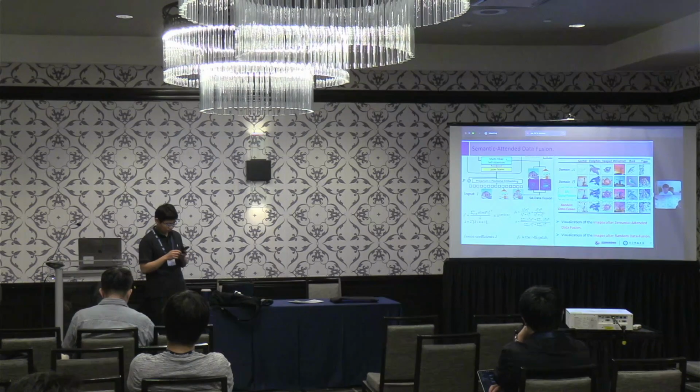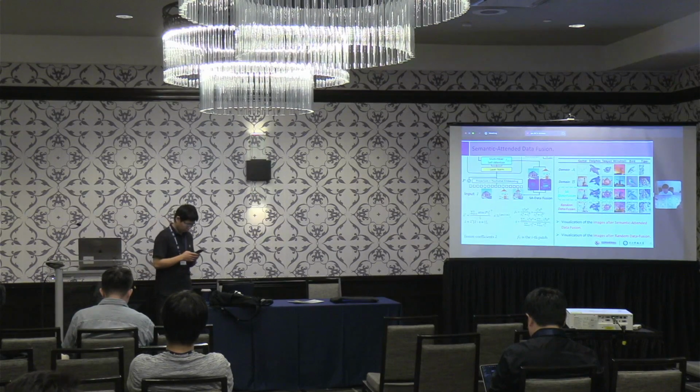Next, we merge two images from different domains, just as the figure shows. The house on the left is in the real domain, and the house on the right is in the cartoon domain.